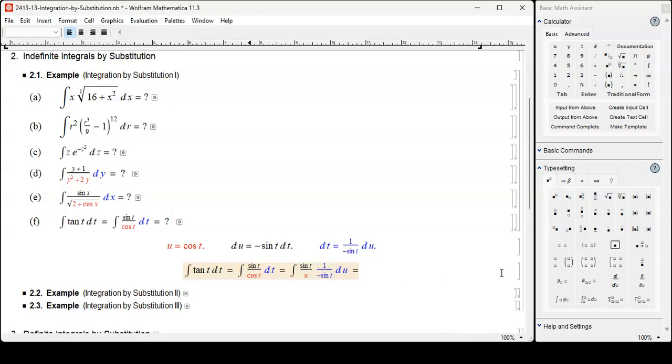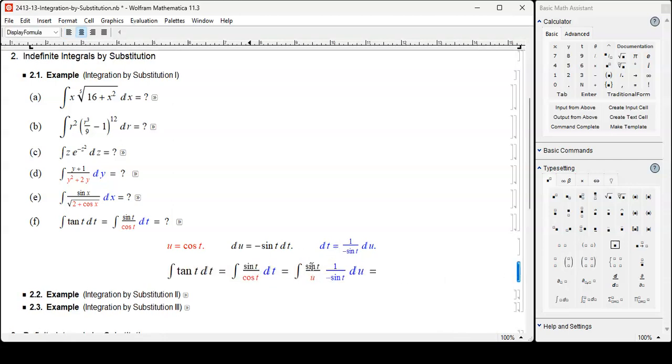So if you do the simplification, oh boy, it's going to be better with a little bit bigger font. Sine of t, cancelling out. You have integral of negative 1 over u. Does it look good?